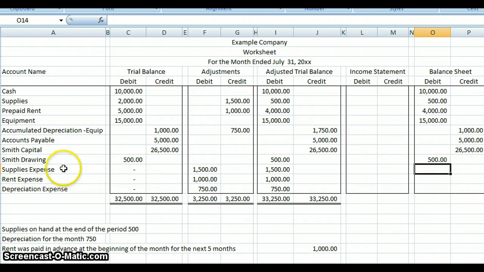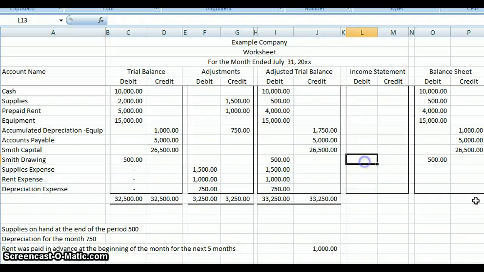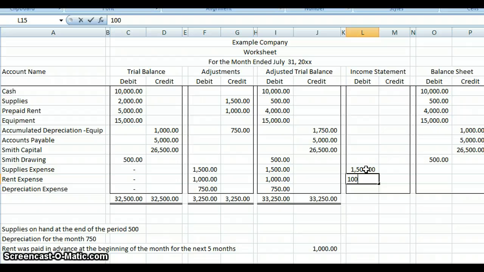Now these expenses all belong on the income statement. We have revenue and expense. I don't have any revenue here, so we will just bring these all over to the income statement. We have 1,500 for supplies, 1,000 for rent expense, and 750 for depreciation expense.